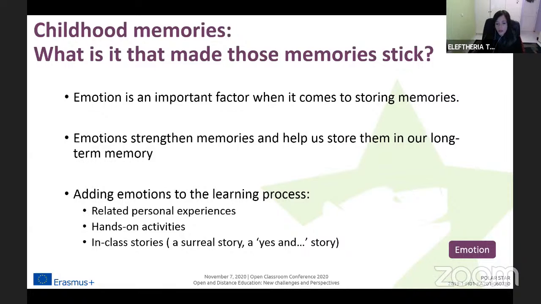Or if you don't have the luxury of doing activities, maybe you could think of small in-class activities that you can do, like trying to make a surreal story using a concept that you're teaching, or a yes-and story. A yes-and story is a fictional story.